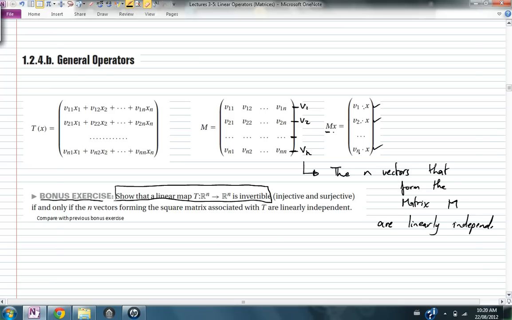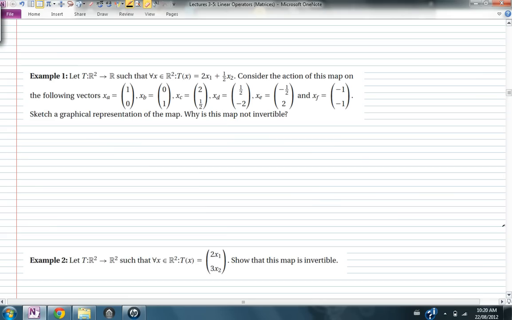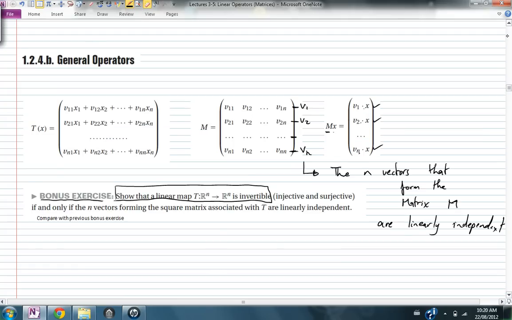Again, to prove this would take a long time, but you should perhaps in your spare time try to prove these arguments. If the n vectors that form the matrix M are linearly independent, then M is invertible, and vice versa. If M is invertible, then the n vectors are linearly independent.